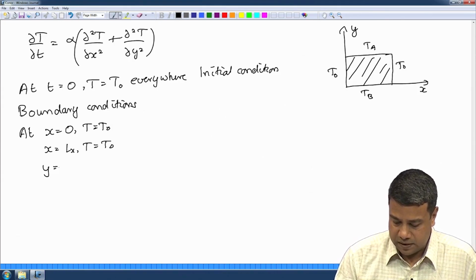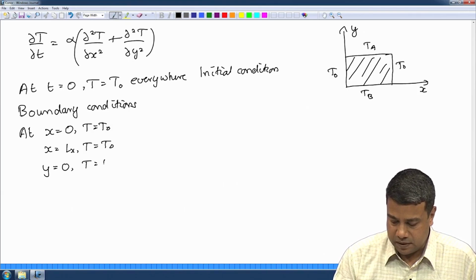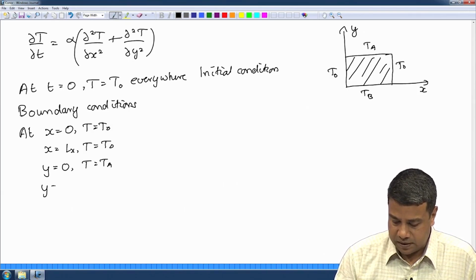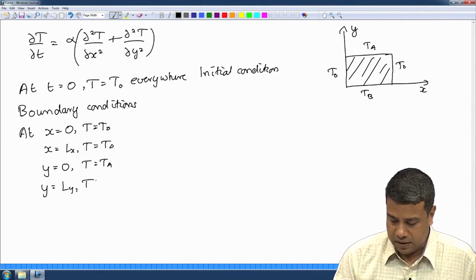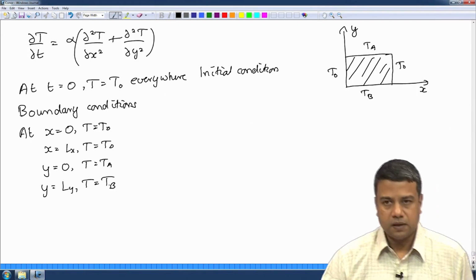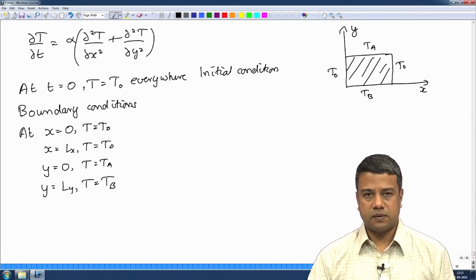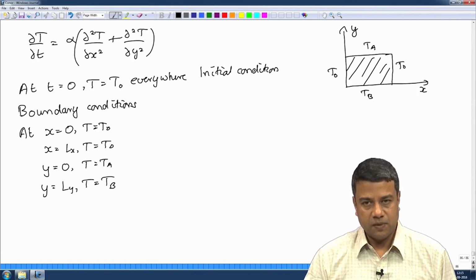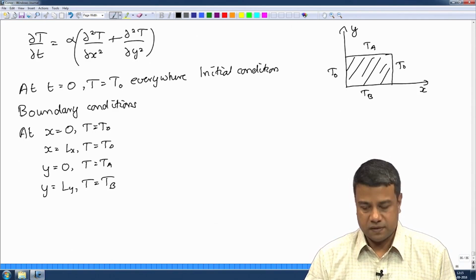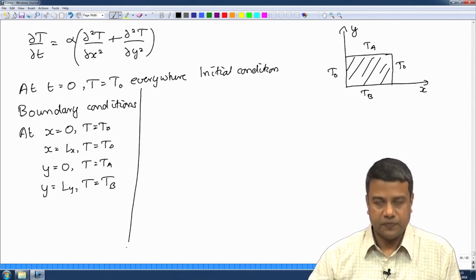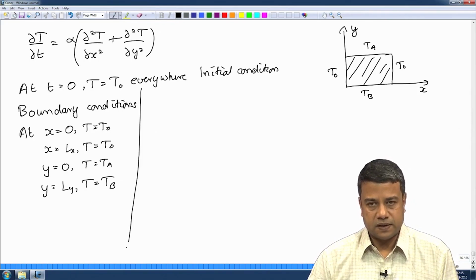Y is equal to 0, T is equal to Ta, and y is equal to Ly, T equals Tb. So, those are the boundary conditions, but now I have a time dependent problem which I have to solve as a function of x and y as well. How would I go about solving this?